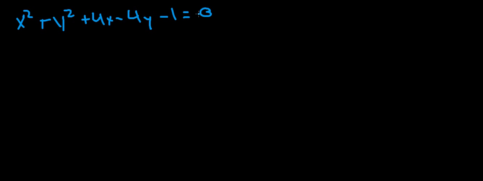So the first thing we need to do again is get it into this form, x minus h squared plus y minus k squared is equal to r squared. So the first thing to do is to get all of our like terms together.